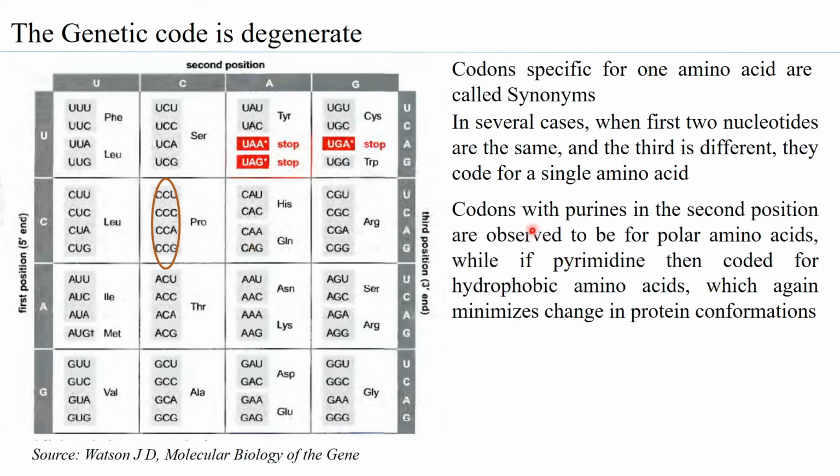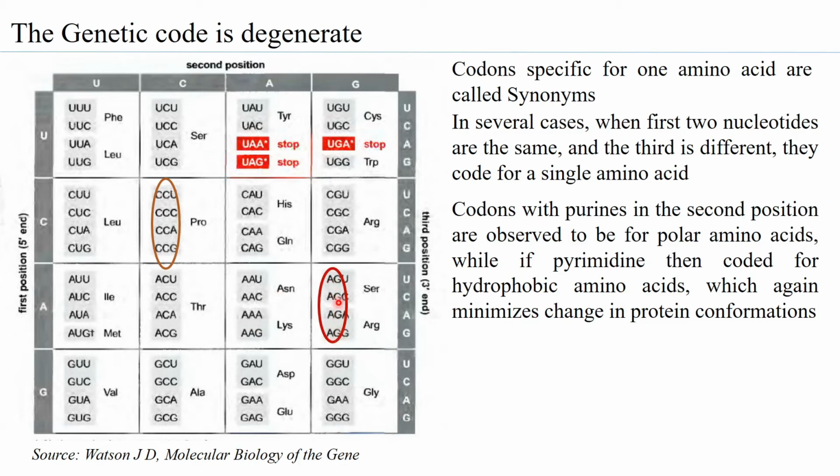Okay. Now another observation. If you have codons with purines in the second position, then such codons code for polar amino acids. While if the second position is a pyrimidine, then such codons code for hydrophobic amino acids. Let us look at this, where the second nucleotide in the codon is a purine, G, correct?